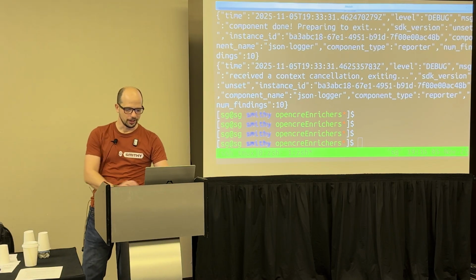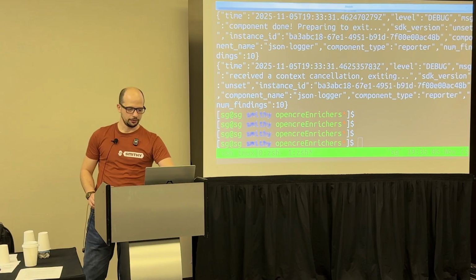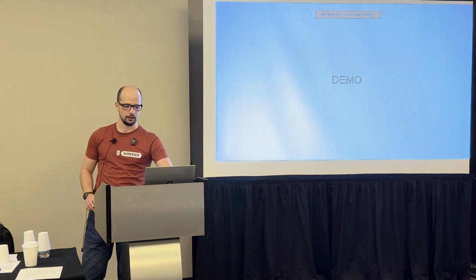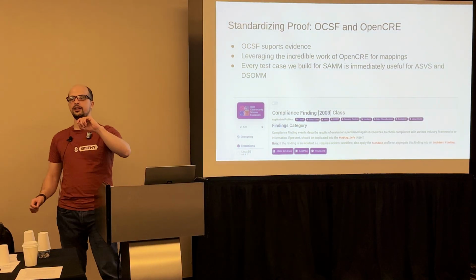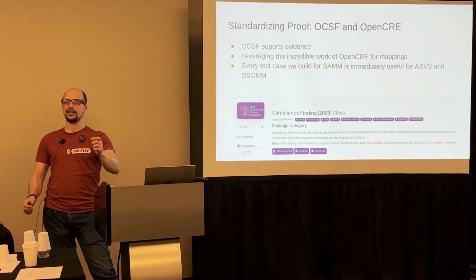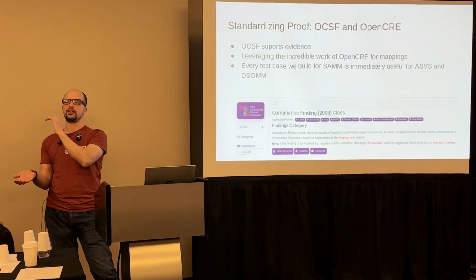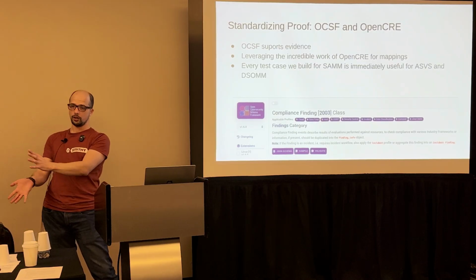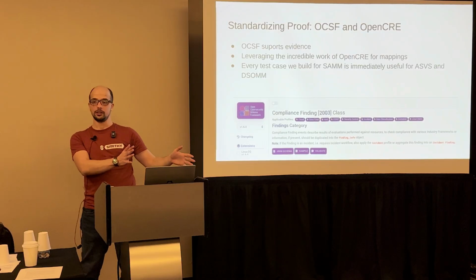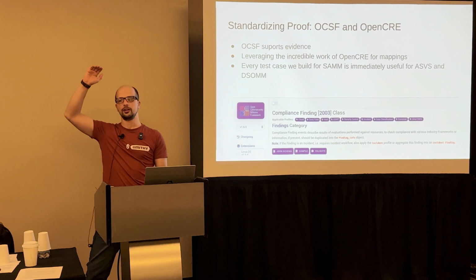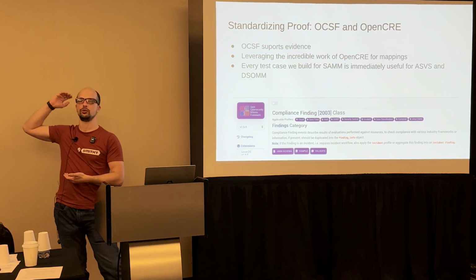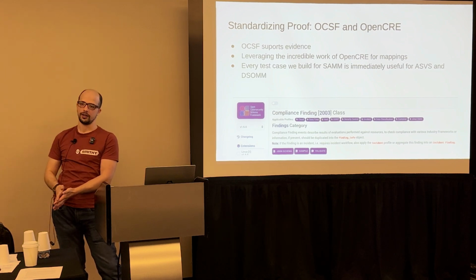OCSF is different. In the format here, if it is a host, it has a very, very specific JSON format for the host. If it's a website, specific for this. If the finding is a vulnerability, it is, congratulations, here's like 300 fields for a vulnerability.